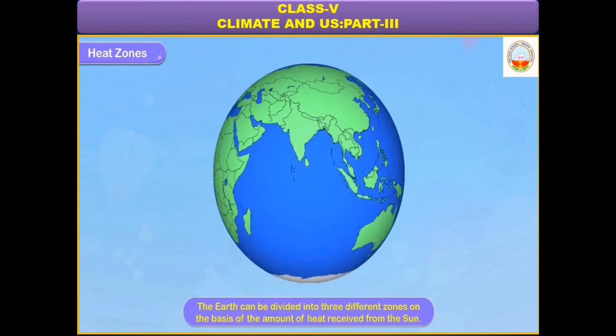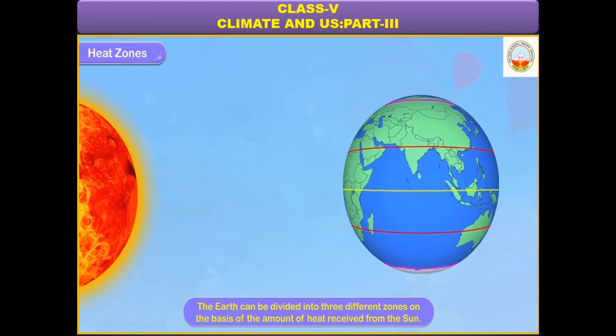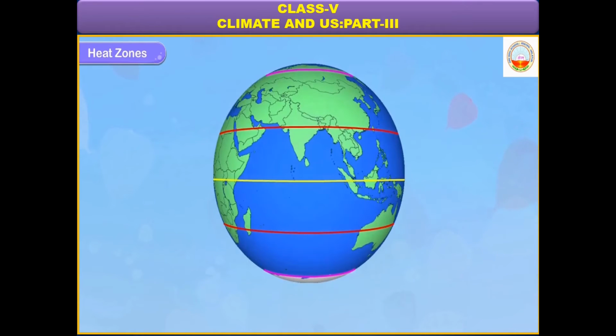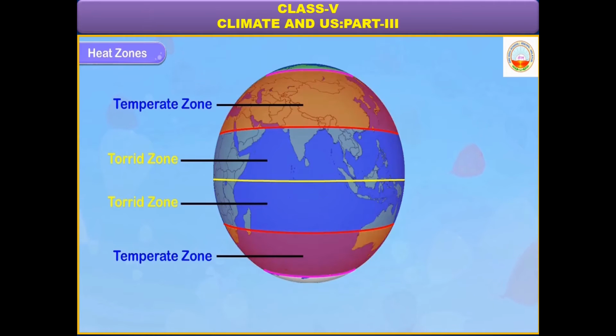The Earth can be divided into three different zones on the basis of the amount of heat received from the Sun. The three different heat zones are torrid zone, temperate zone, frigid zone. Let us learn a little about the position and the climate of these heat zones.